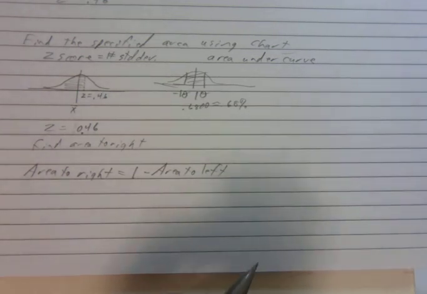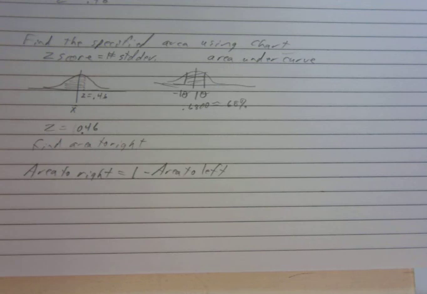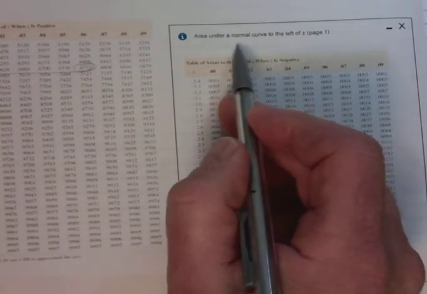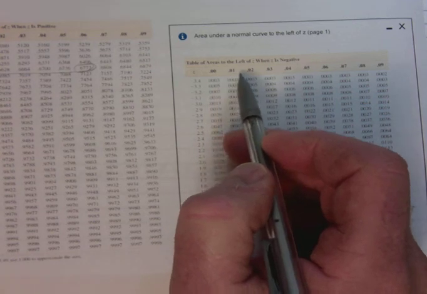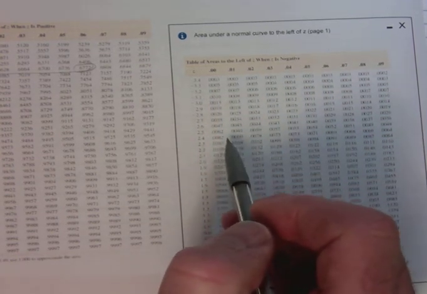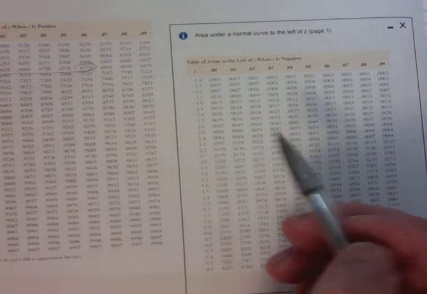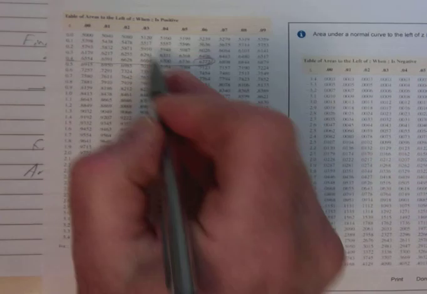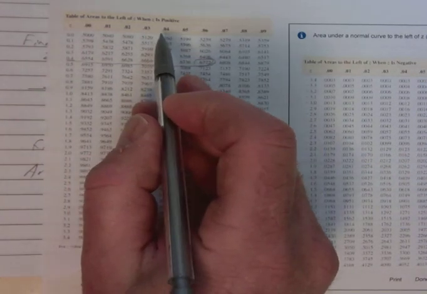Okay. So now what we're going to do is we're going to look at our table. And if we look, we've got the two tables. You have the area with, let's see, this is z is negative. So notice these values are going to be very small because you're way over on the left end of the normal distribution. So we need to get over here and find where z is positive.